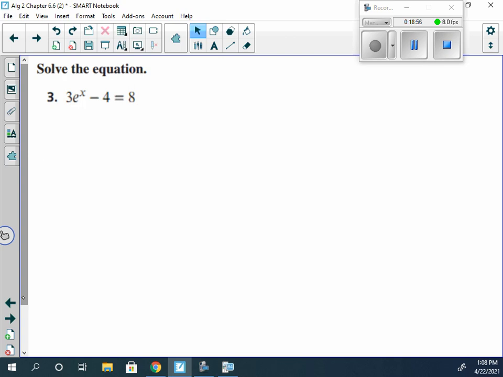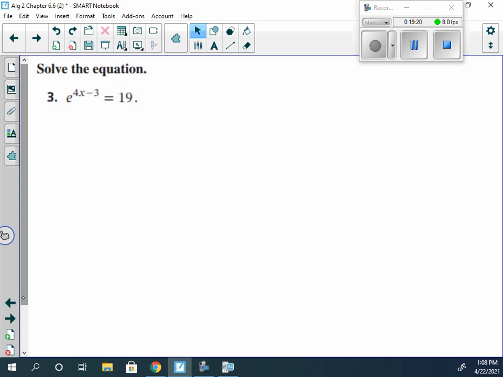Which one do you think would look harder to solve? Or so this 3 or the other 3? Do we want the one with the subtract 4 or the one without the subtract 4? Do this one here.